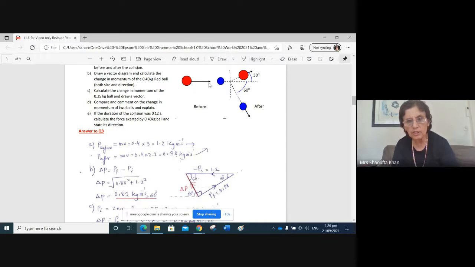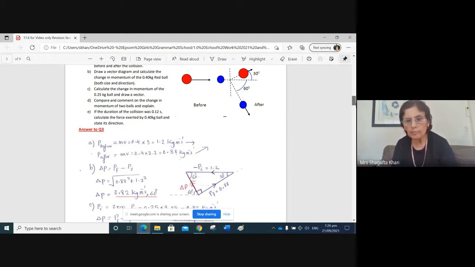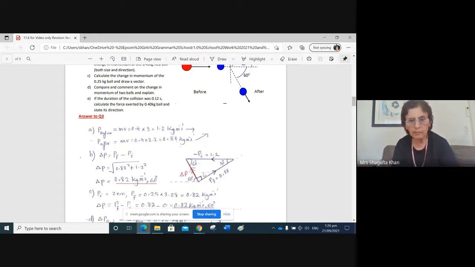It was in this direction, so now we draw it here. And so this minus that gives us this one. So using Pythagoras again, we can calculate the size and direction of this momentum. So the change in momentum of the red ball is in this direction.